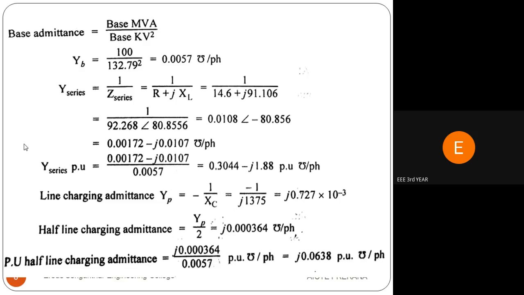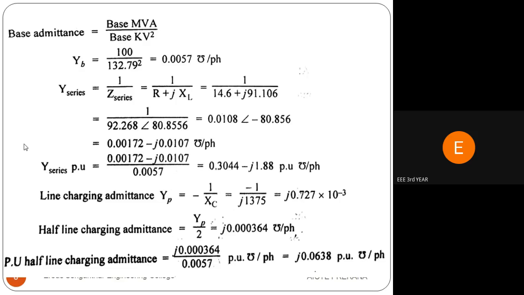After substituting, we will get 0.057 mho per phase. It's not ohm, it's mho. Because the unit changes automatically: ohm for resistance, whereas admittance is mho.